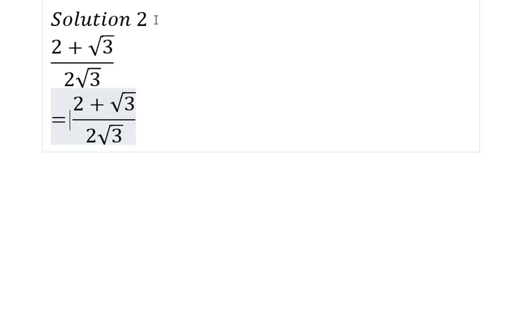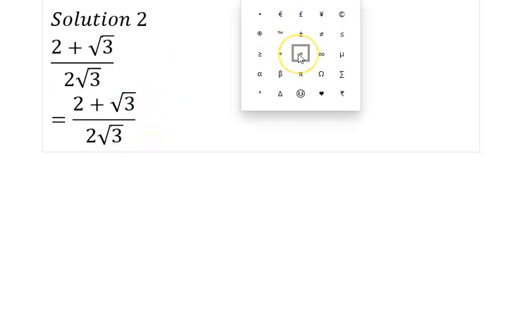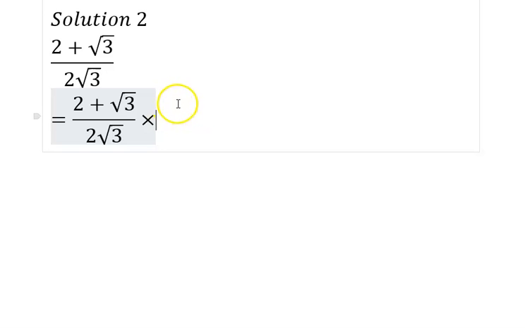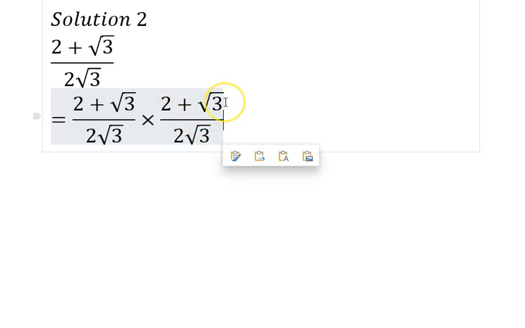What we are going to do here straight, because we have 2 root 3 below, we are going to rationalize because we have root 3 here, and we've explained what rationalization means. We explained that in question number 1. So let's rationalize.